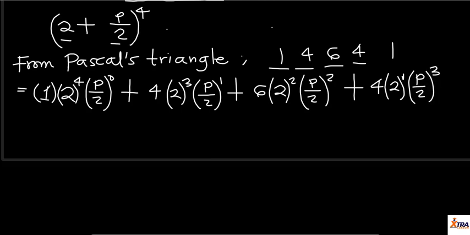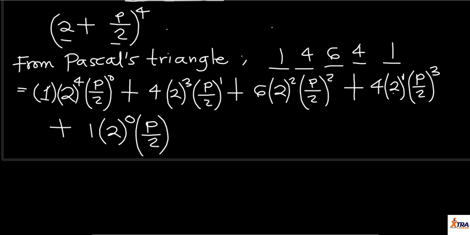So as the power of the first one is reducing, the power of the second value is increasing. For the last one, with the last coefficient, which is 1, we put our 1. Then 2 raised to the power 1 reduces by 1 and becomes 2 raised to the power 0, while our p over 2, which was raised to the power 3 before, is now raised to the power 4.